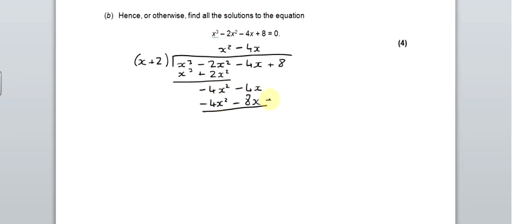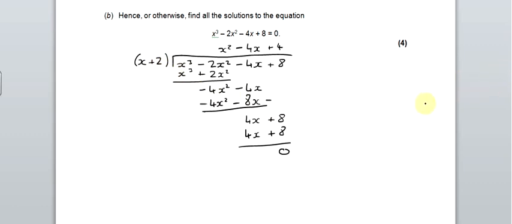Minus 4 minus minus 8 is positive 4x. And then we bring the 8 down and we say x's into 4x go positive 4. Then we take the positive 4 and multiply it by this to give 4x, and that to give 8. And then when we subtract we get 0, which we should do because this is a factor.